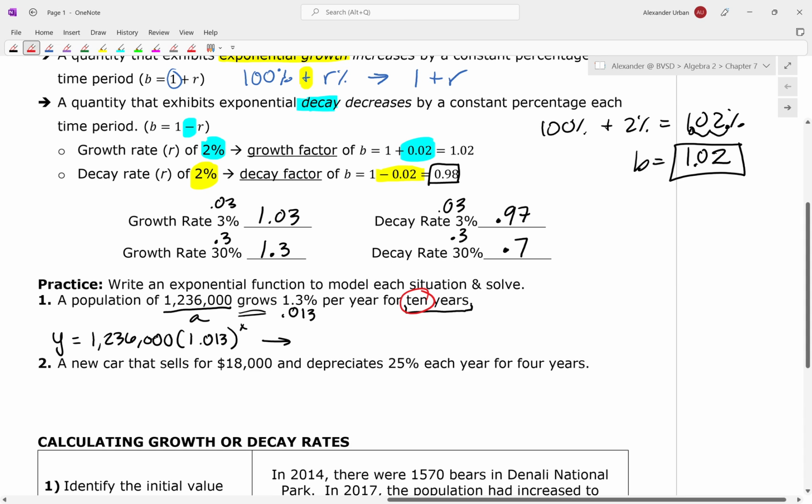So I'm going to grab my calculator. It depends on which calculator you're using, but this is really just a calculator problem.